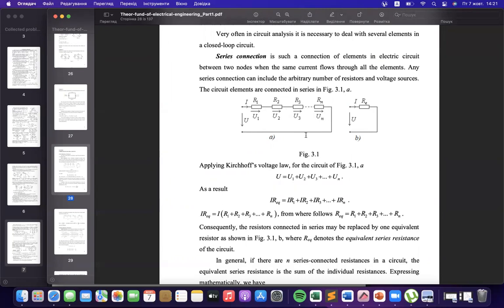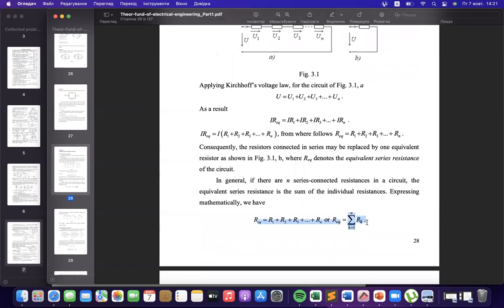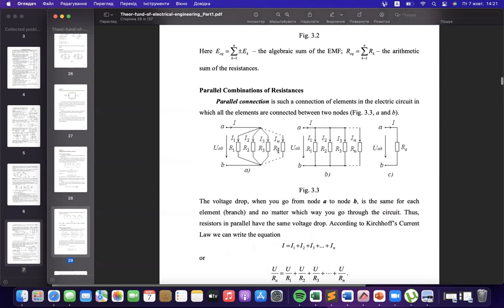For the same current through the elements, which we call series, we could simplify them using the formula for series connection. Also, if we have voltage sources in series, we could connect them the same as resistances, just adding depending on plus or minus.